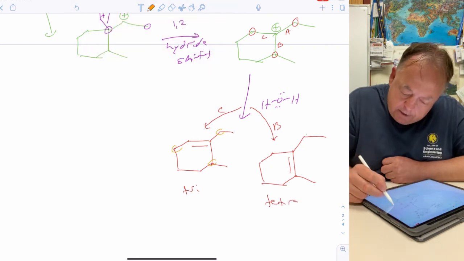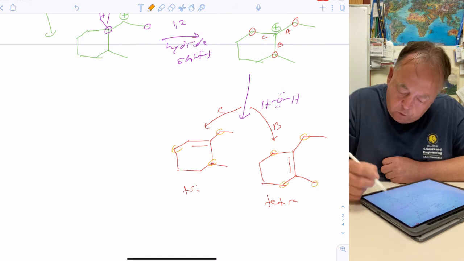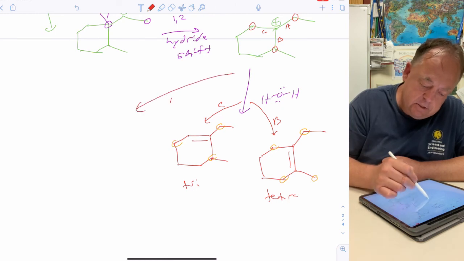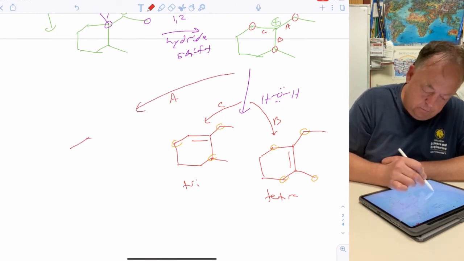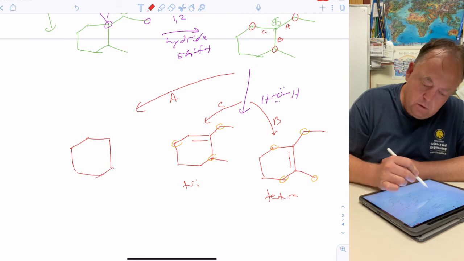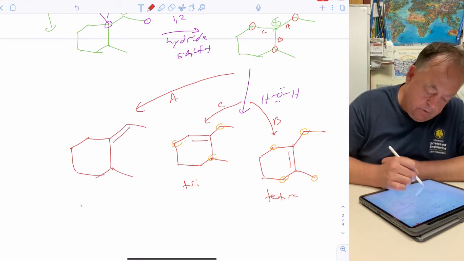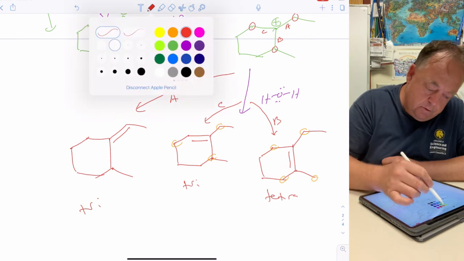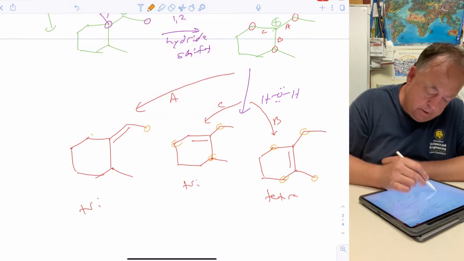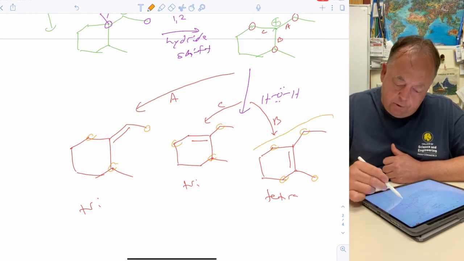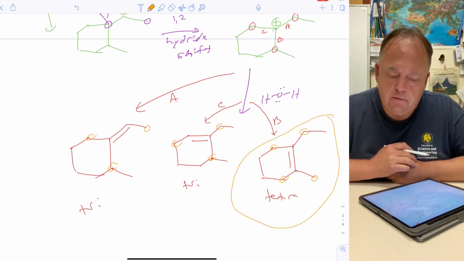Because that alkene has 1, 2, 3, 4 carbons attached to it. And if we follow pathway A instead, and put the double bond there, then that would be trisubstituted, right? Because that carbon, that one, and that one attached. So this one will be the major organic product. More substituted alkenes, the major product.